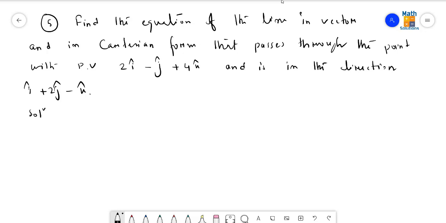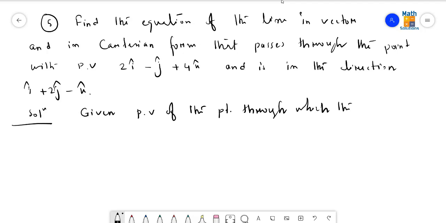So in the solution part, we write: given position vector of the point through which the line passes. It is always denoted by vector a. So it is 2i cap minus j cap plus 4k cap.